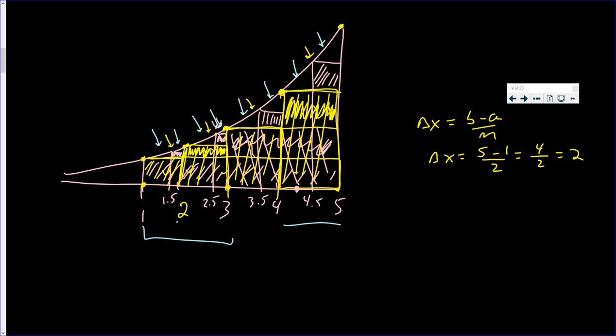If I also put another line between 4 and 4.5, and I put another line between 4.5 and 5, and then between these 2 endpoints, I pick the lower one. Well, now I am filling that in.